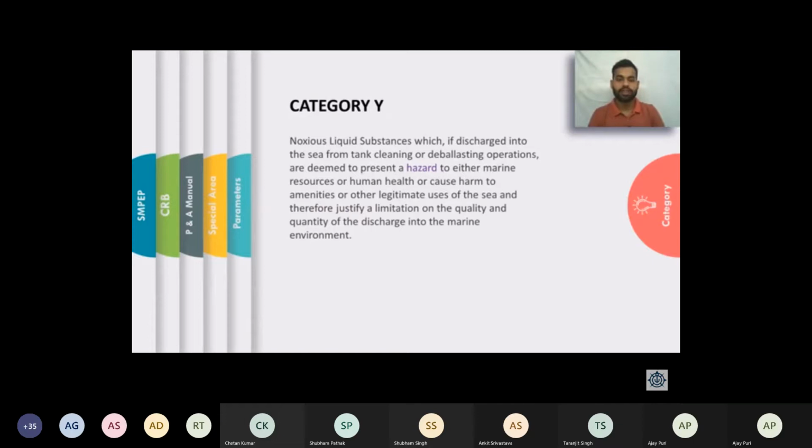Noxious liquid substances which fall under category Y when discharged into the sea from tank cleaning or deballasting operations present a hazard to the marine environment. Not a major one, but still a hazard to the marine environment. And therefore, there is a limitation on the quality and quantity of the discharge of these substances into the sea.